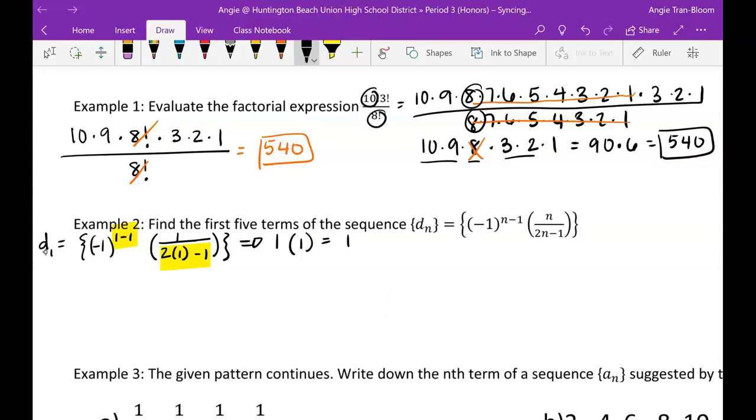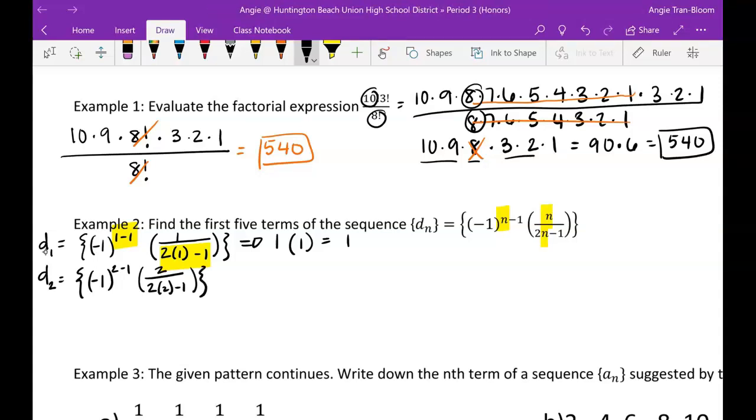Then what happens when n is 2, subscript 2? I'm going to do the same thing. Anytime I see an n, which there are 3 different places, I will put in 2 as the value. So -1 to the power of 2 minus 1 times, now I see an n on the top, so that's 2 divided by 2 times 2 minus 1.